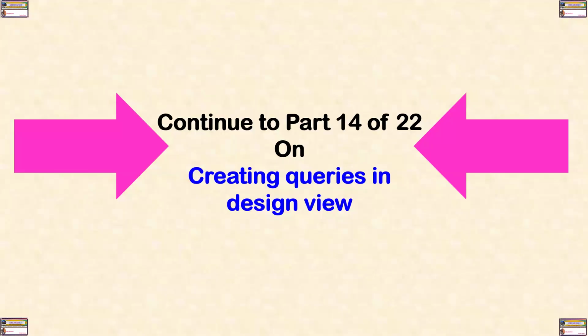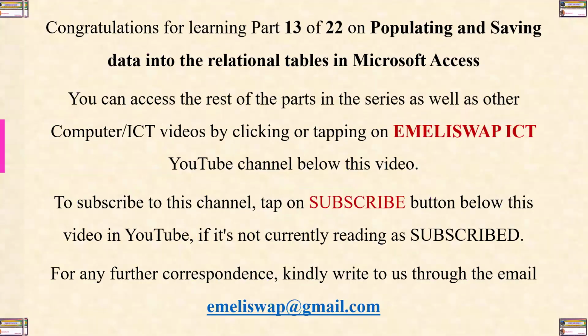So the next set of presentations from presentation number 14 all the way to part 22, we are going to be looking at the other side now of making use of the database that you have already created. And therefore, you can continue to part 14 of 22, in which you are going to learn how to create queries in design view.